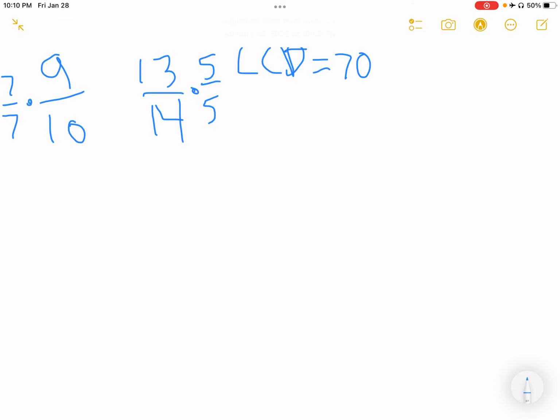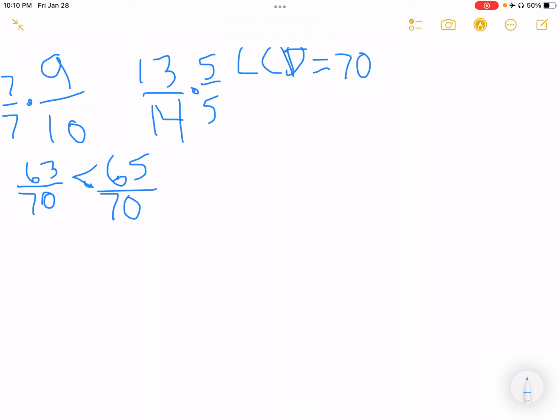So then we'll have 63 over 70, and then 13 times 5, we'll have 65 over 70, okay? And now we can see that this one on the right is bigger, again, like you saw before.